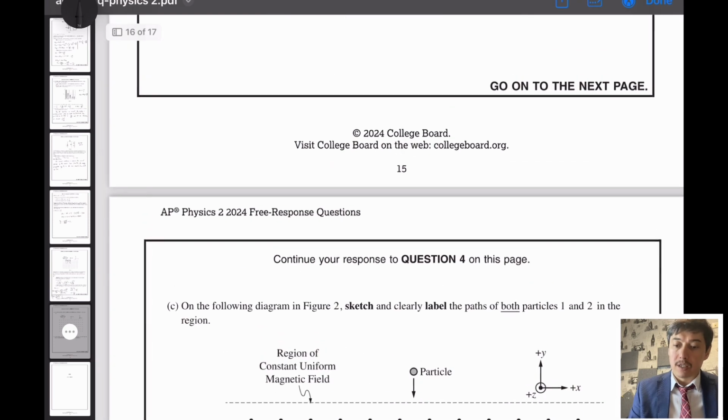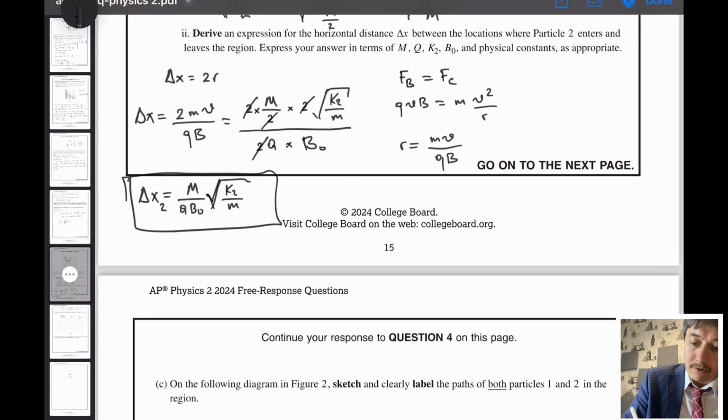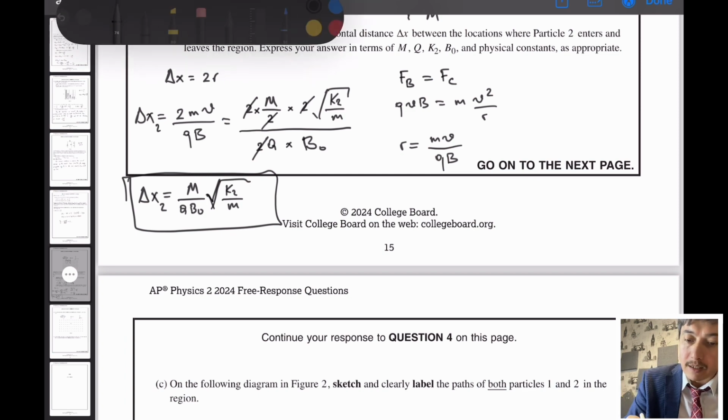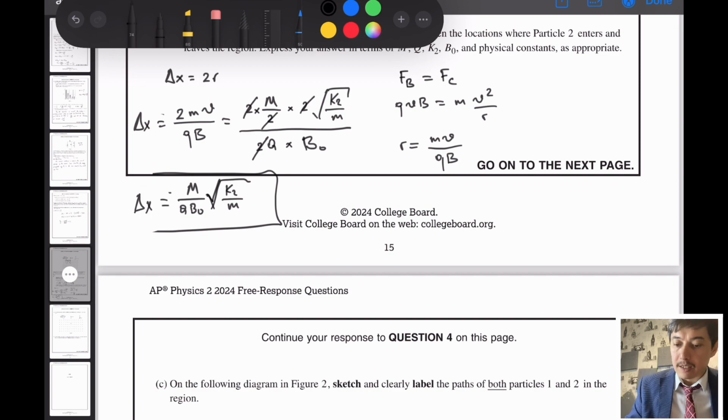Now we already calculated delta x for 2. We forgot to label. Oh, it's already saying delta x in the question, so I will just leave it like that. But in the next question, I will label as delta x1 and delta x2. So this is our delta x2.